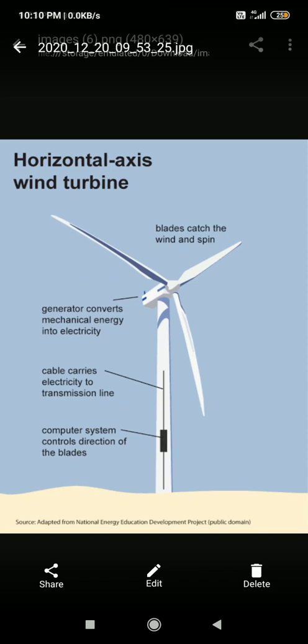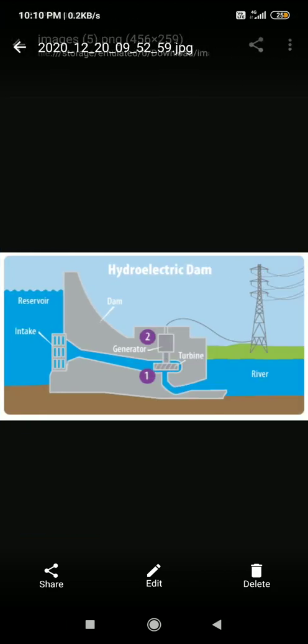They need more area, and can be set up only where wind is good, where wind is strong. And across the river only we can build the dam. So near the dam also we can produce the hydroelectricity, right? So these are the disadvantages, but what is the advantage here?